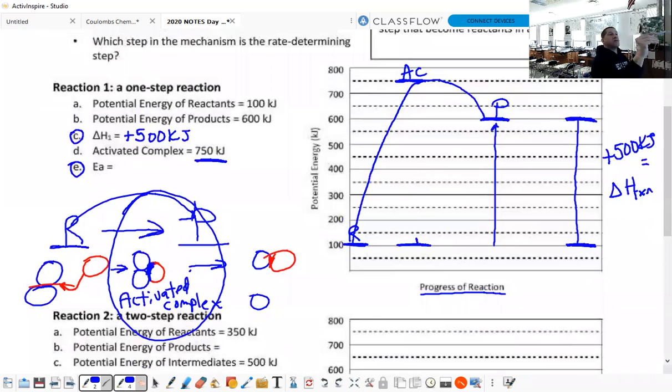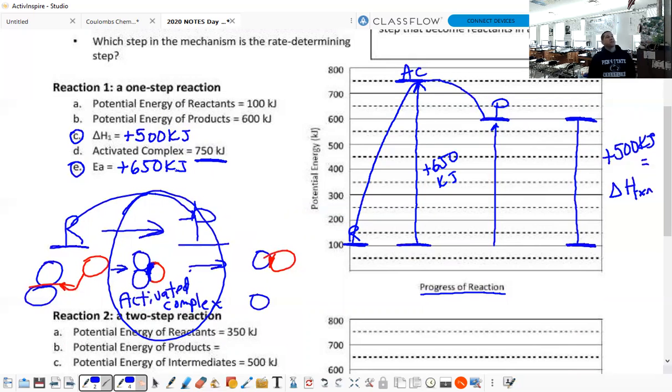So that's the distance from the reactants all the way up to the top of the hill at the activated complex, and that is from 100 up to 750. So we're talking positive 650 kilojoules. That will always be positive. You have to always add energy for the activated complex to be formed, because remember, it requires energy to break bonds. So we get back to that.